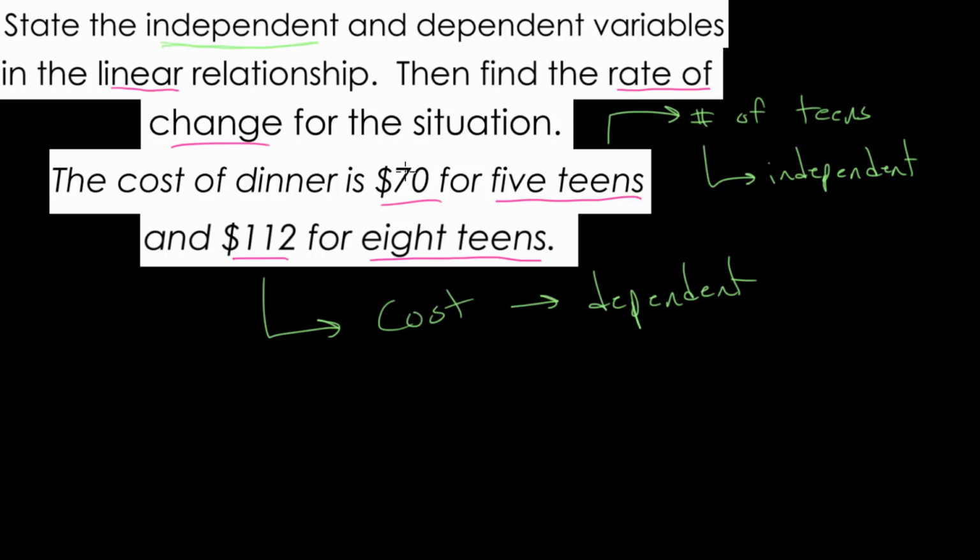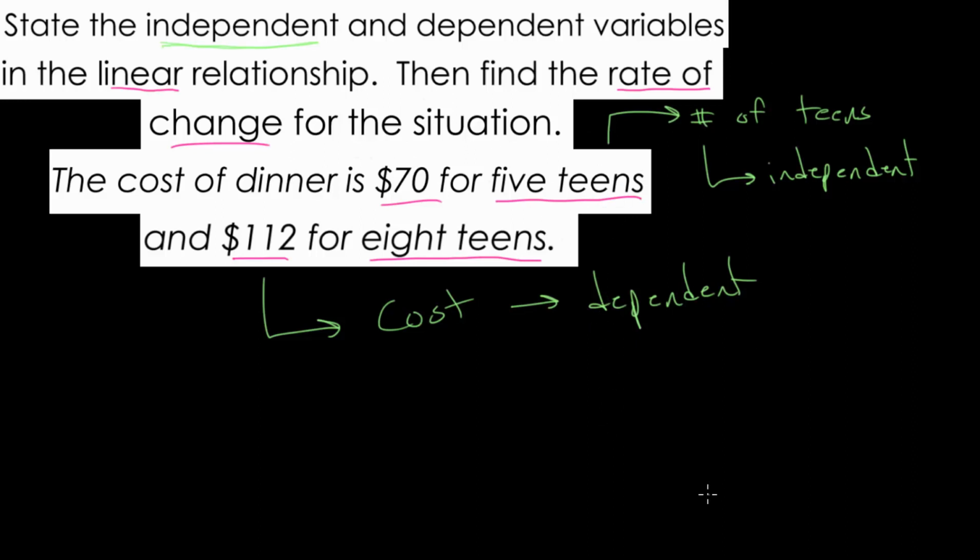Would we use the cost as our independent variable? Would that drive the number of teens? Maybe in some scenarios that might make sense, but in this case, it doesn't. The cost will not determine how many teens actually arrive. It's the other way around. The number of teens that arrive will determine the cost of the dinner.